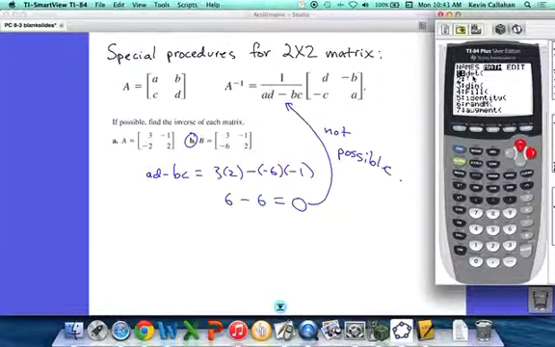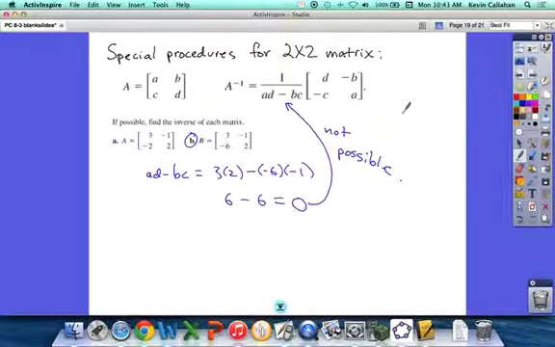That first one is the determinant. That's the AD minus BC, and it does it for you. And if you have a higher order square matrix, it'll do that too. There are procedures for doing that. We just don't do them.